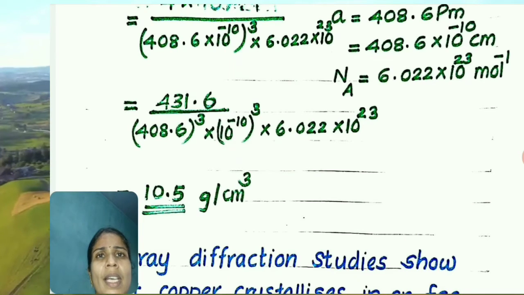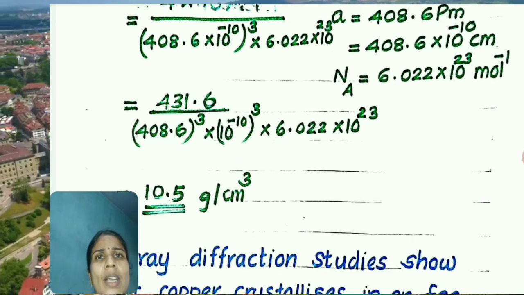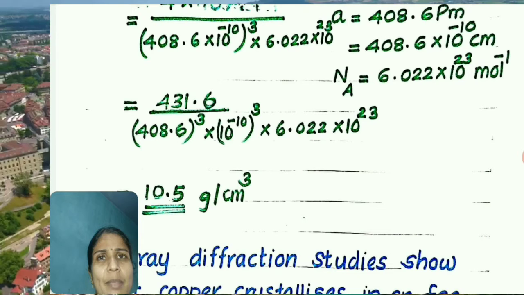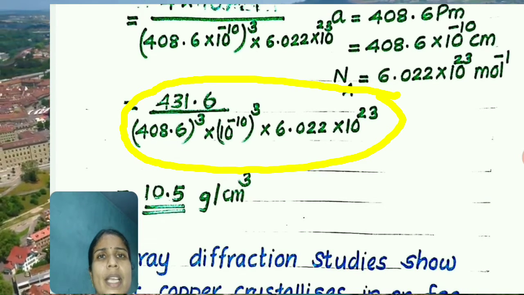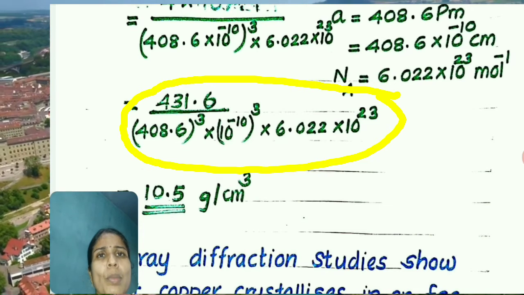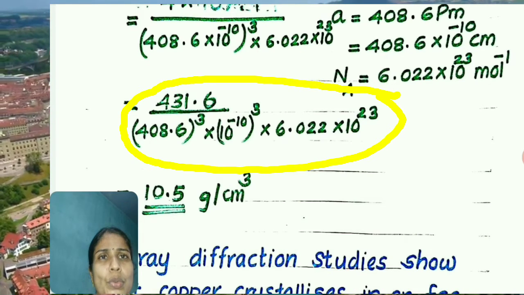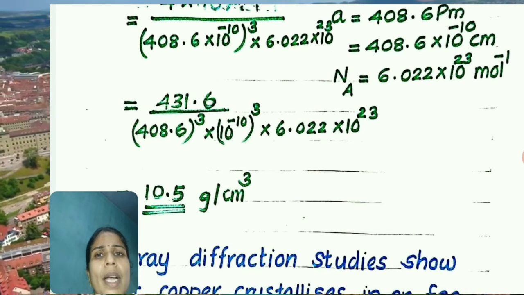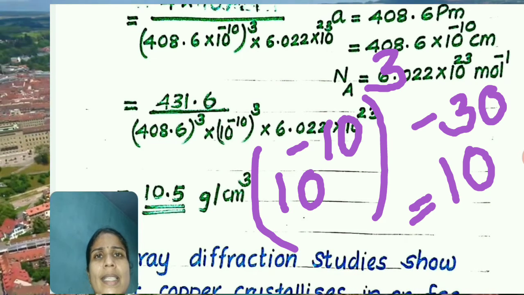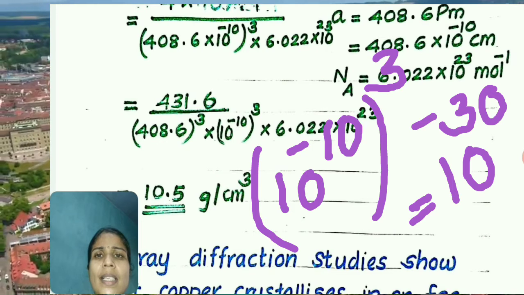Then on solving the value, we get 431.6 divided by 408.6 the whole cube into 10 raised to minus 10 the whole cube into 6.022 into 10 raised to 23. Here the exponential terms 10 raised to minus 10 the whole cube is taken as 10 raised to minus 30.